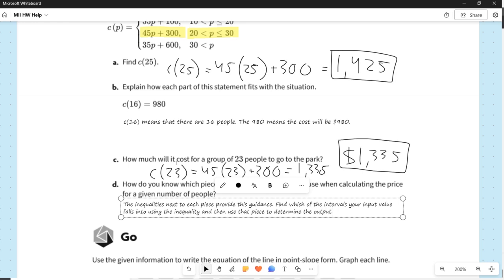So we examine the intervals on the right using the inequalities, we identify where we're supposed to be, and then we simply use what's on the left to actually evaluate the function.